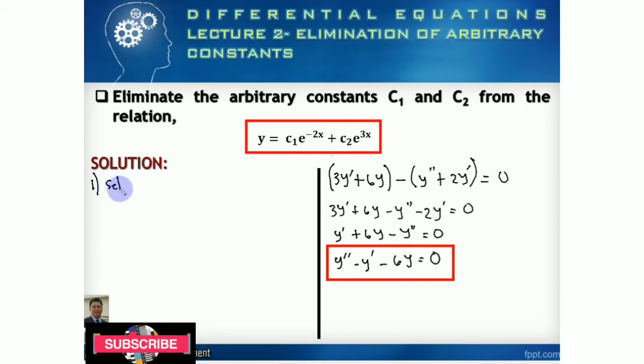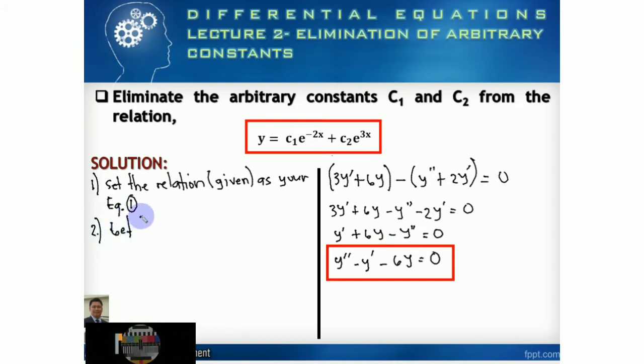arbitrary constant c2. So okay, as a step for this one, first you are going to set the relation which is given in this problem as your equation 1. Okay, so after that one, get the first derivative of equation 1.